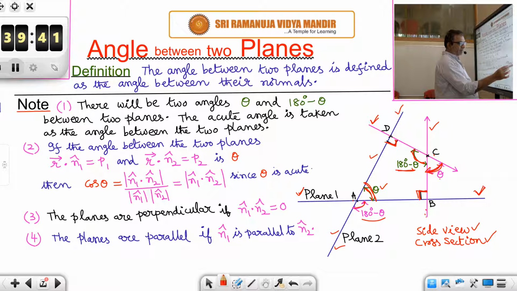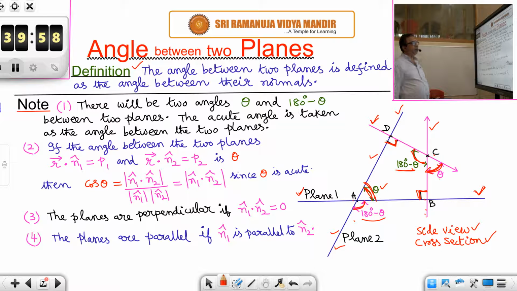So that means whatever angles are there between the two planes, theta and 180 minus theta, the same angles will be there between the normals to the two planes. Therefore, the definition now you can easily understand.